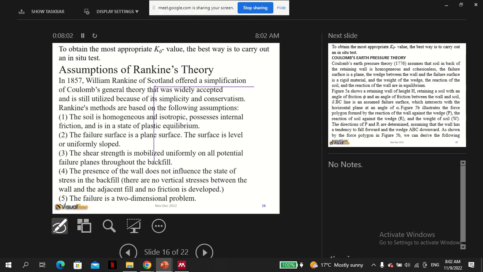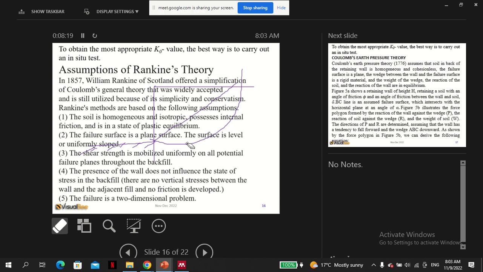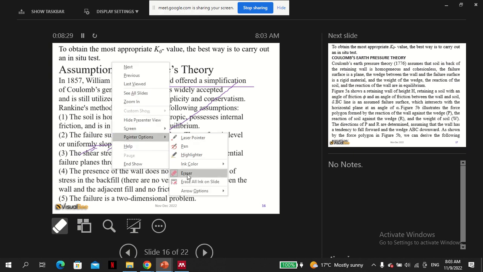So if this is your excavation, first he says that of course we know the failure there is always a slip circle, but for Rankine he assumes this. This is only true to a limited extent. It depends on the slope as well.